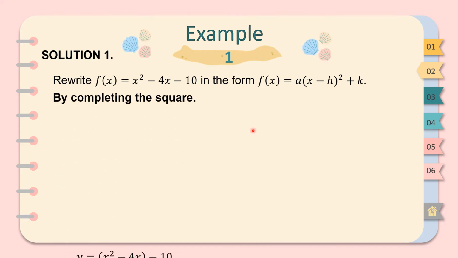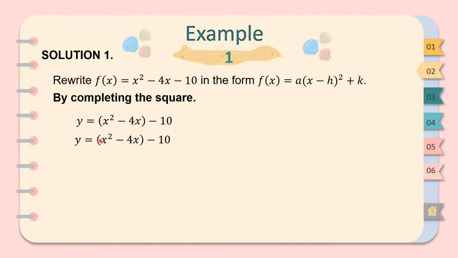So, by completing the square, y is equal to x squared minus 4x minus 10. So, we need to group together the terms containing x. So, group po natin yung terms na may variable na x. And then, next step, we need to factor out a.